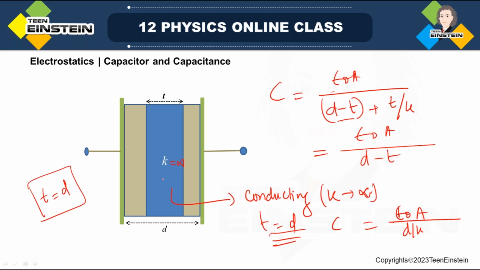Now, if the whole space is filled by a conducting slab, then what will happen? C will be infinite.